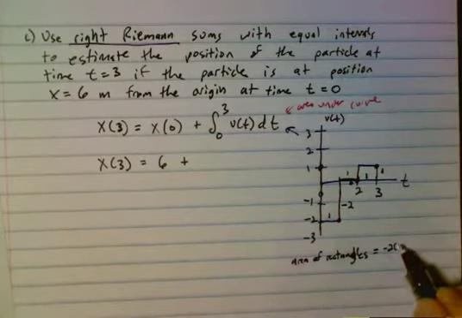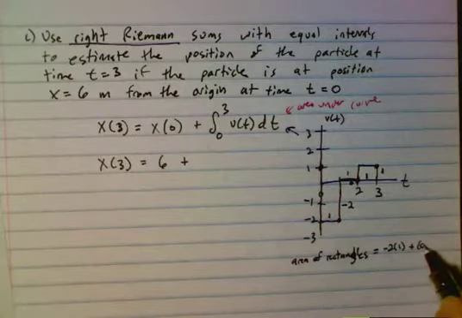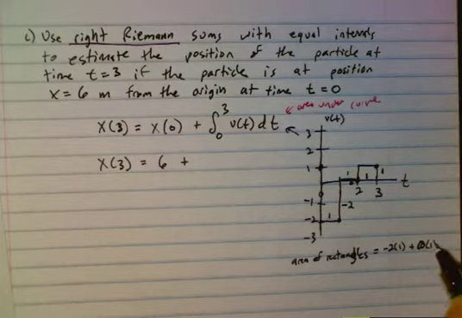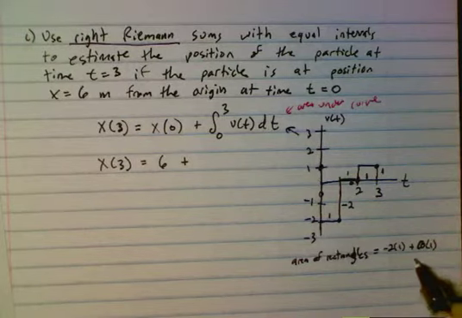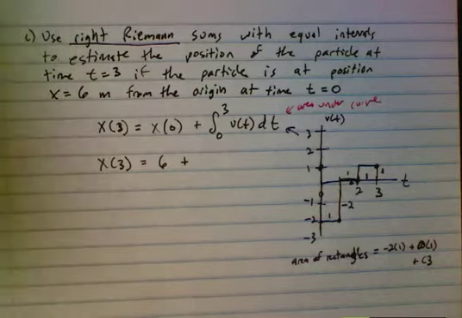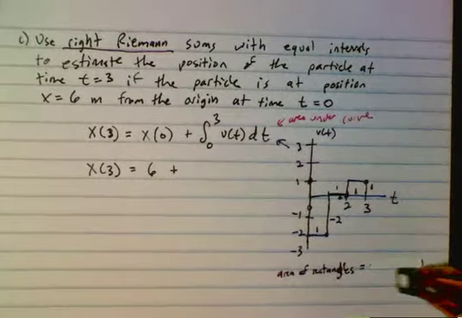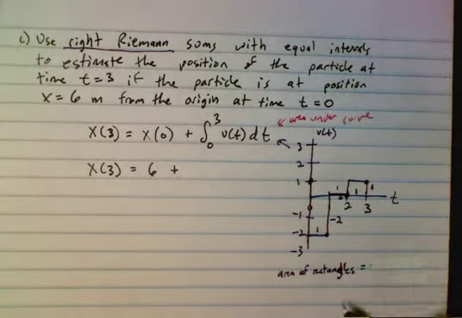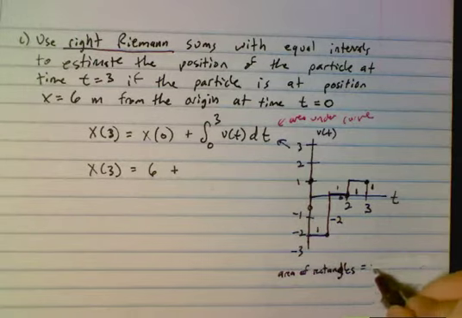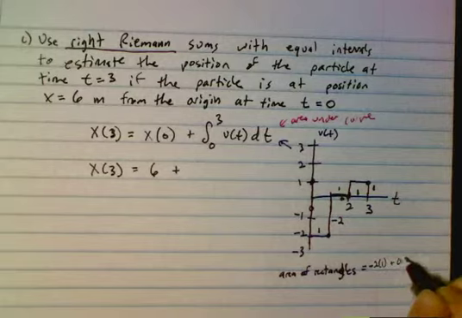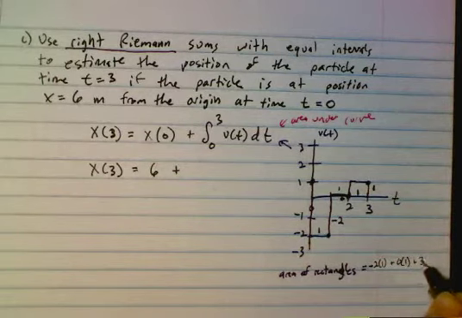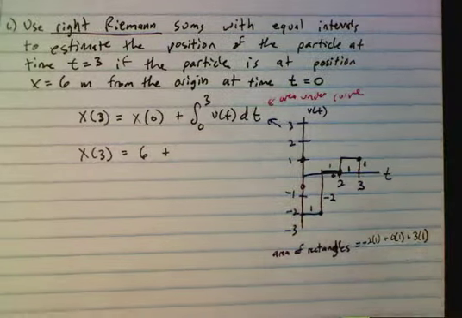Negative 2 times 1 plus 0 times 1 plus, I do like to be inconsistent with that. Why don't I put this all down here where I'm not going to run out of room. Okay. Height times width plus height times width plus height times width right there.